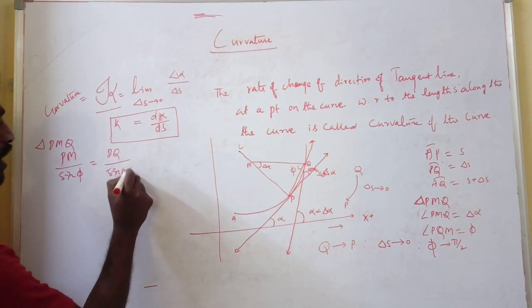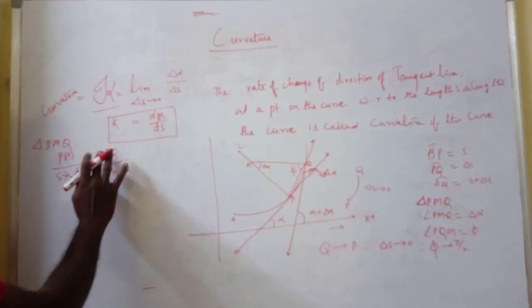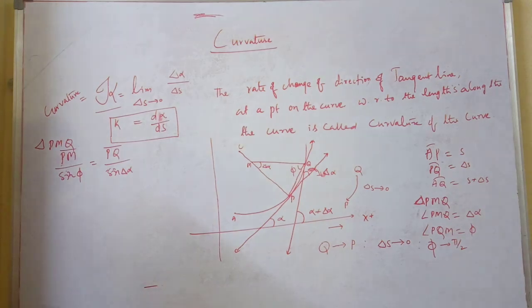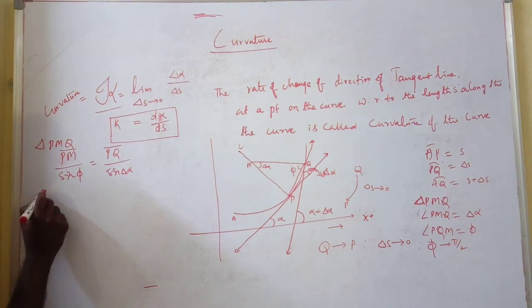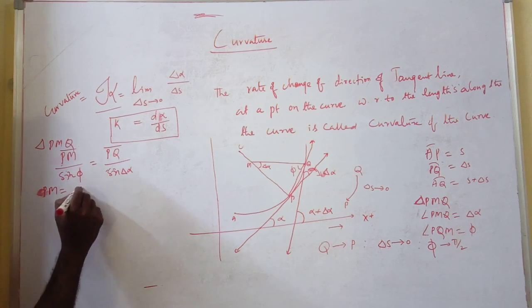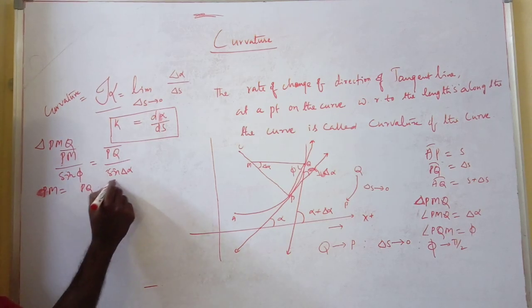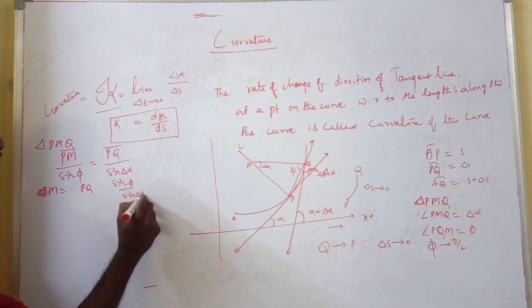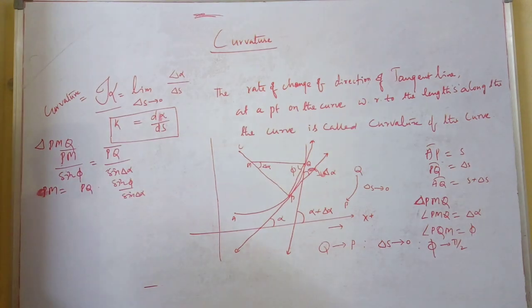PQ is the line segment. I need only PM. PM is equal to PQ into sin phi by sin delta alpha.